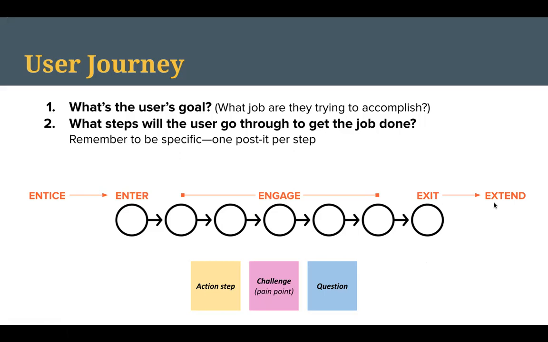If you back away, you can see how you're going along the process. For a challenge or a pain point, if something comes up where you're like, I need to address this, we need to look further into this, or the user is having trouble here, you can use whatever color. Red or something bright is usually associated with something like an error or something you need to pay attention to.